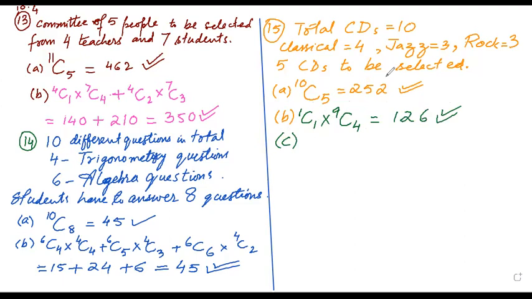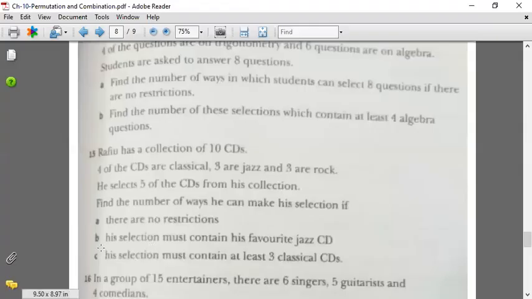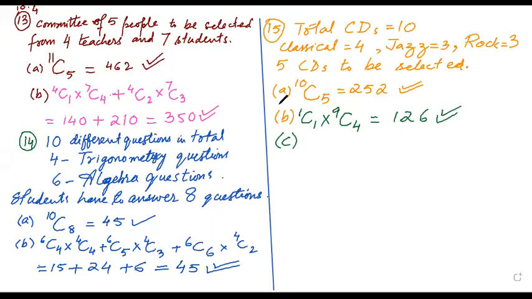In part C, this part C says his selection must contain at least 3 classical CDs. At least 3 classical CDs. So at least 3 classical CDs means, we start with the classical CDs.